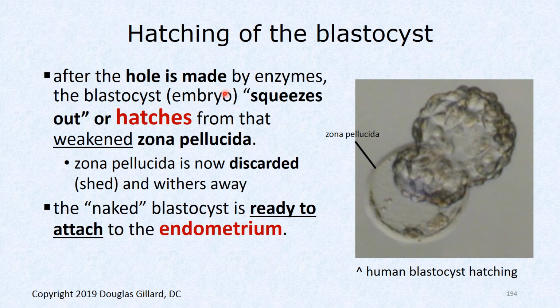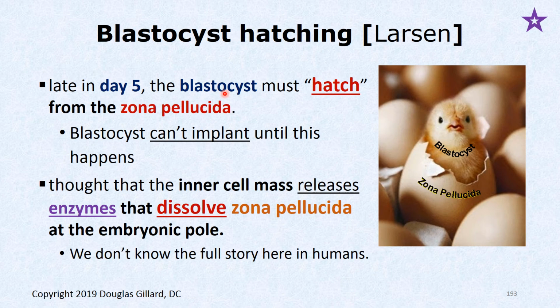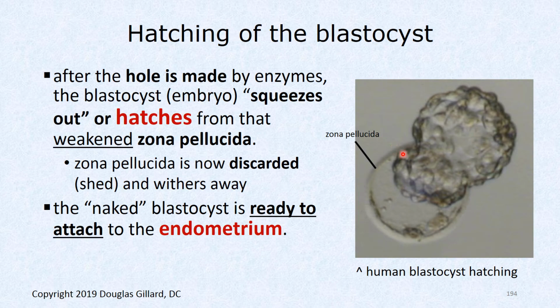After the hole is made by enzymes, here's a cool picture of it really happening. After that hole at the embryonic pole is made, it kind of works its way out of there. We won't get into the mechanism because we don't know in humans for sure.